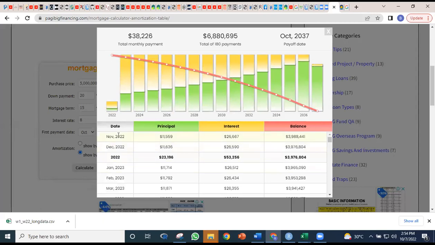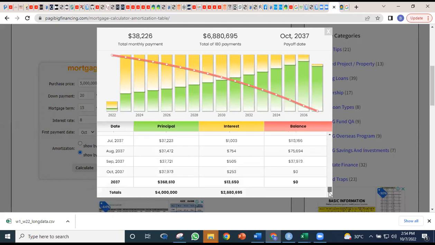All right, so November is now the first payment. We loaned on October, and since this is an ordinary annuity, the first payment will be due 1 month after our loan. Here we can see the payment, principal, interest, and our principal balance, all the way up to the end, October.